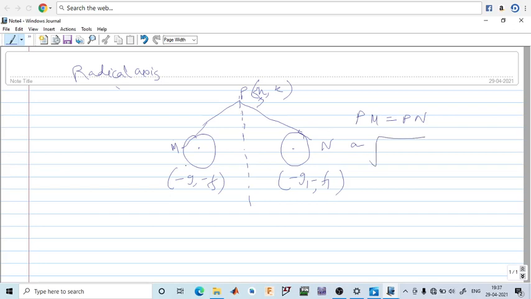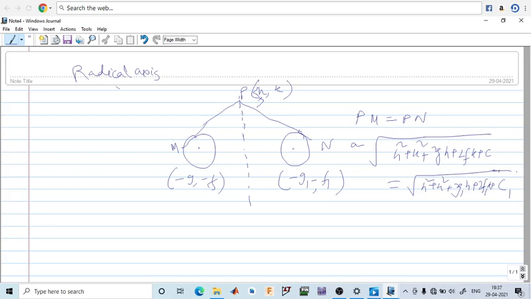Suppose root over h square plus k square plus 2gh plus 2fk plus c equals root over h square plus k square plus 2g1h plus 2f1k plus c1, right?